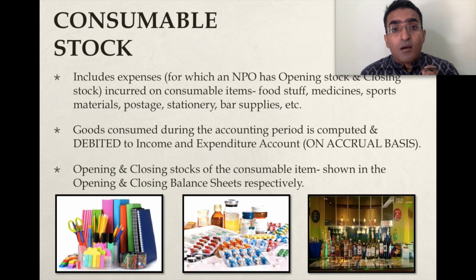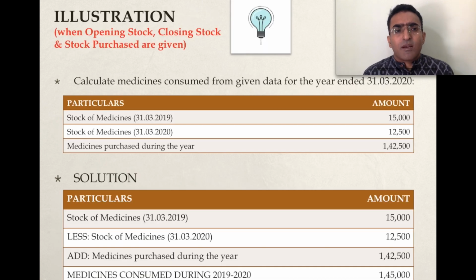On what basis? Not on the cash basis, but on accrual basis. Clear? And the opening and closing stocks, as I told, are considered current assets. They are maintained in the balance sheet at the opening and closing dates depending on the value we have. Okay, so just take a small example here.